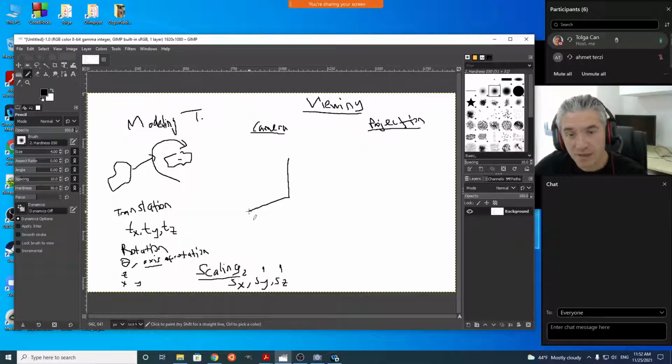For example, we'll have our objects defined in some coordinate system in which this is the origin, this is the x-axis, this is y, and this is the z-axis. If I have a sphere here as my object, imagine I have a camera here that is looking at this object, and the camera also has a location.